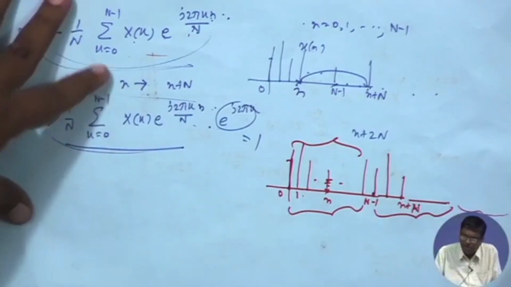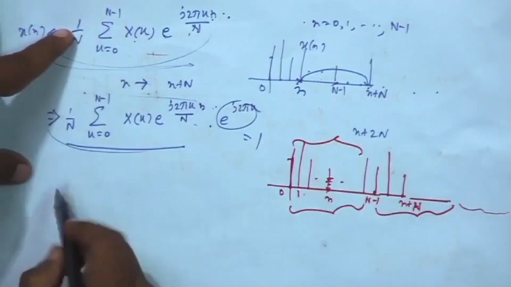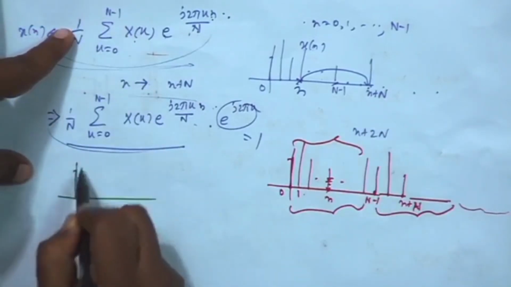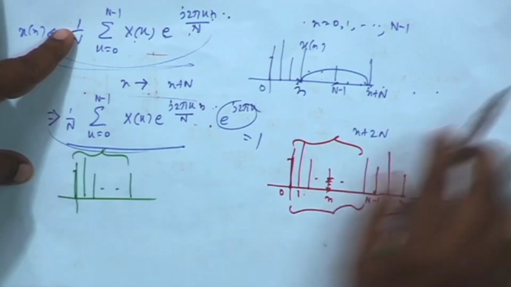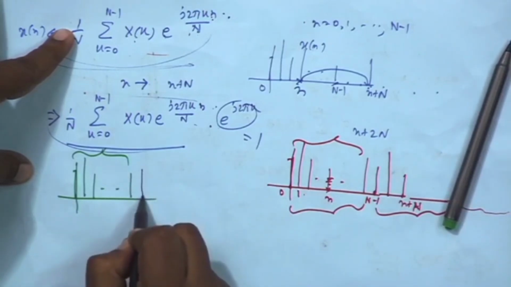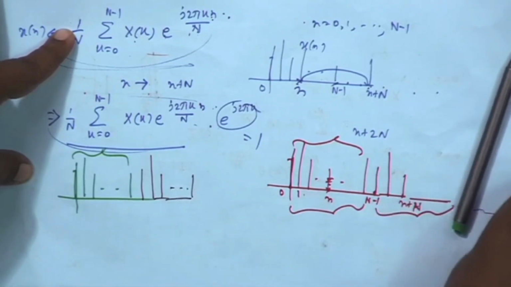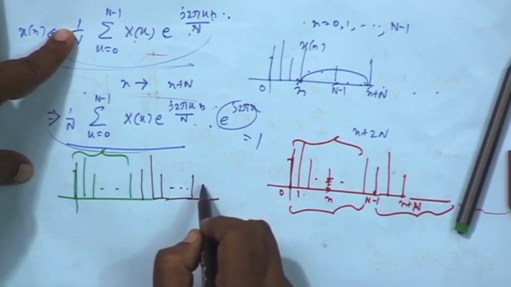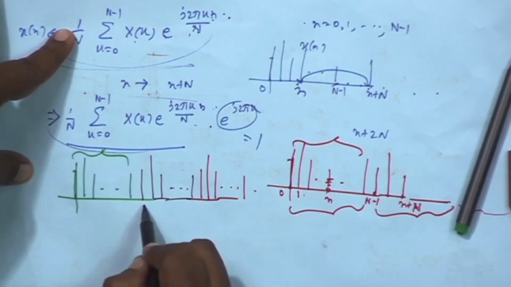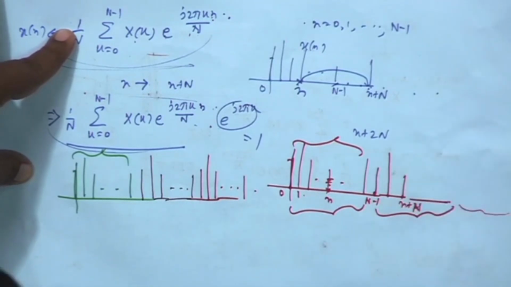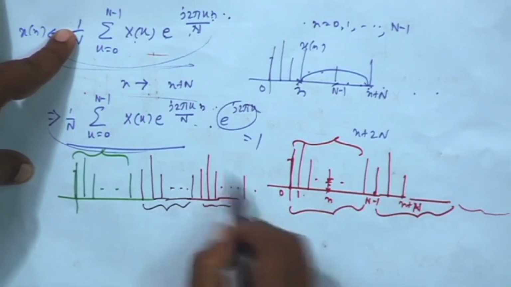Which means, if I give you a periodic sequence, in the opposite direction, this is one period and the same thing is repeating, this is another period, then again the same thing is repeating, like that, and it goes on.